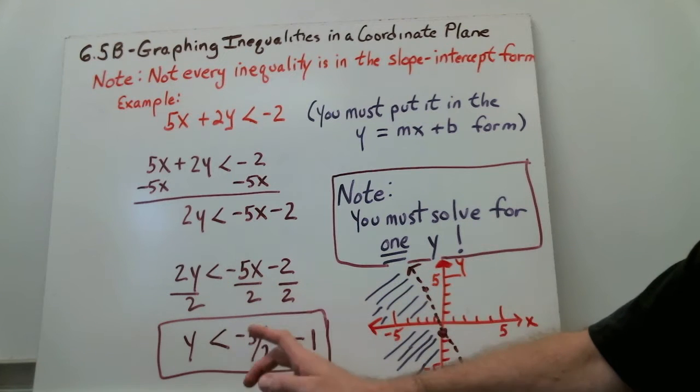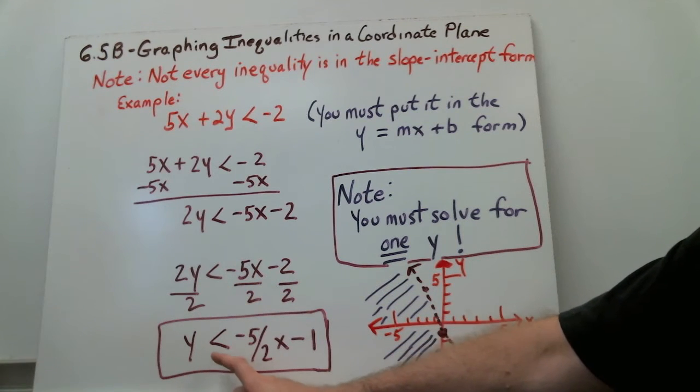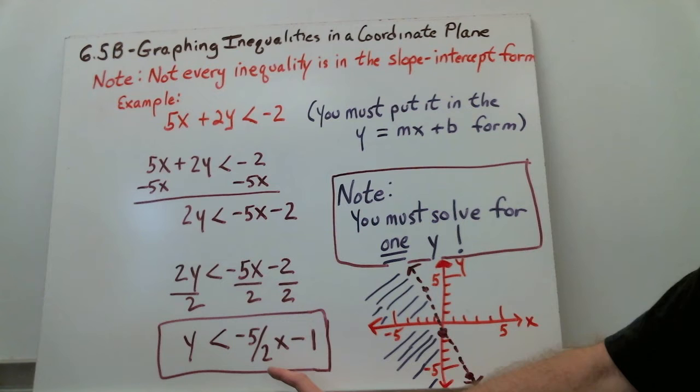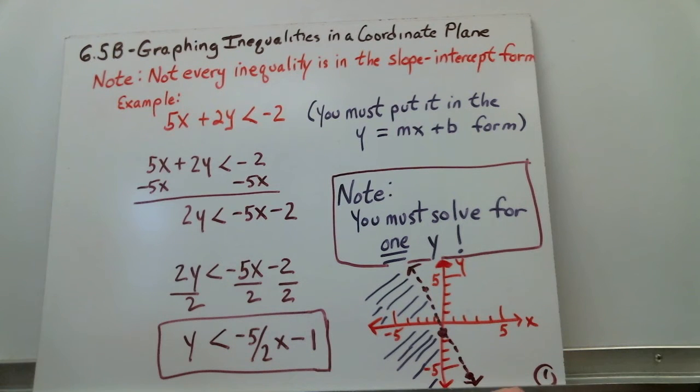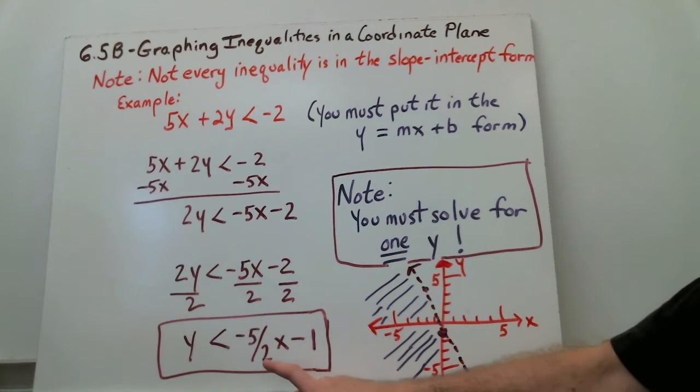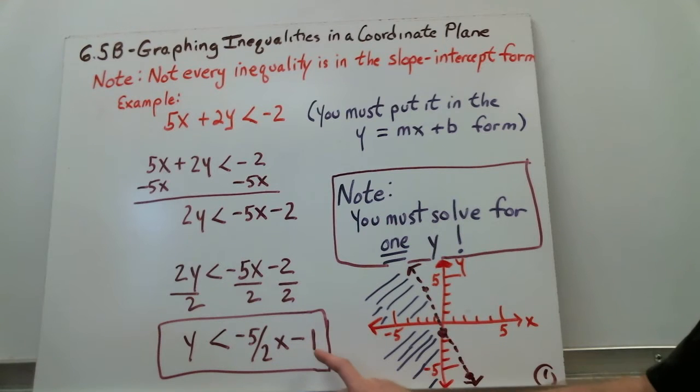If we divide by 2, we now have y is less than negative 5 halves x minus 1. We have it in the slope-intercept form. Remembering that the m part of the slope-intercept form is our slope, and our b part is our y-intercept.